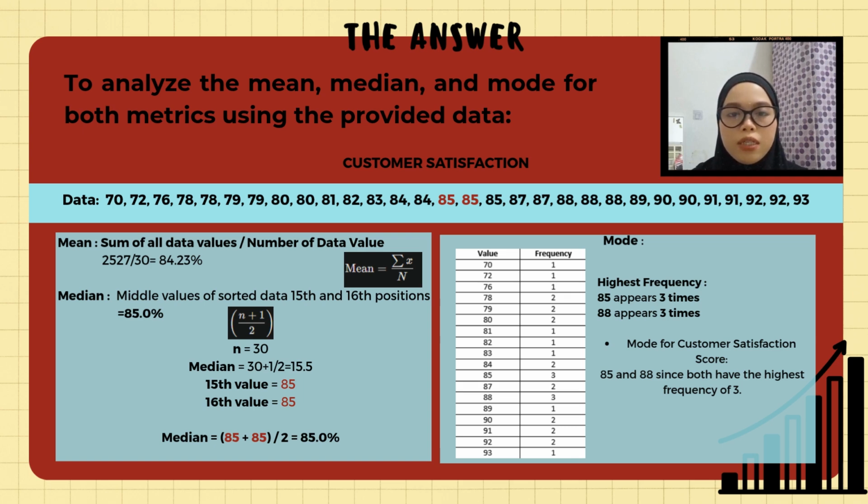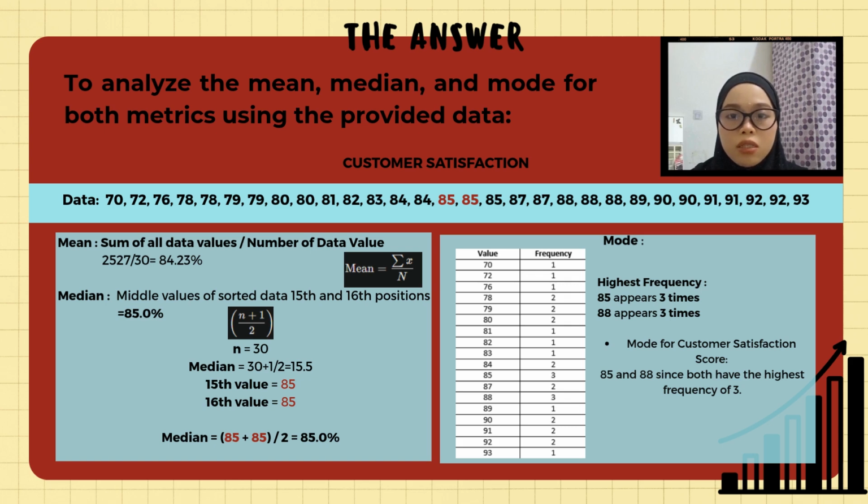Next is to find the median. First, you have to find the middle value, where the formula is n plus 1 divided by 2. Here n is 30, so 30 plus 1 divided by 2 gives 15.5. We look at the closest values: at the 15th value we get 85, and at the 16th value we get 85 too.